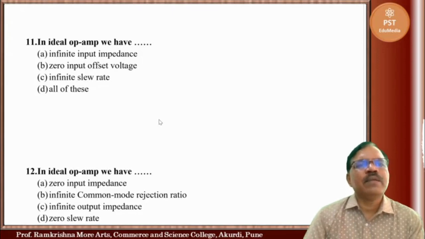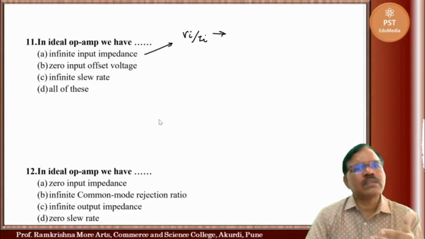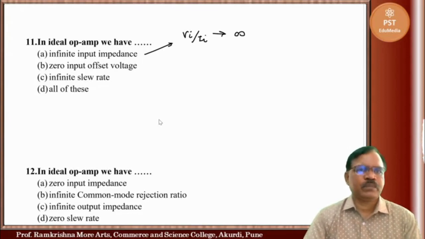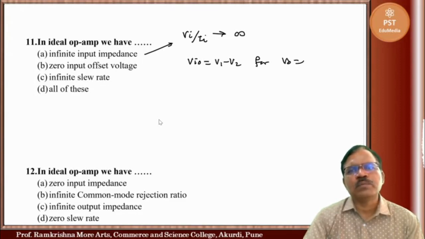Now here input impedance means the ratio of complex input voltage upon complex input current, and since no current flows through the inputs of the operational amplifier, ideally this must be infinite. Input offset voltage Vio is equal to V1 minus V2 for which output is 0. Ideally this must be 0.